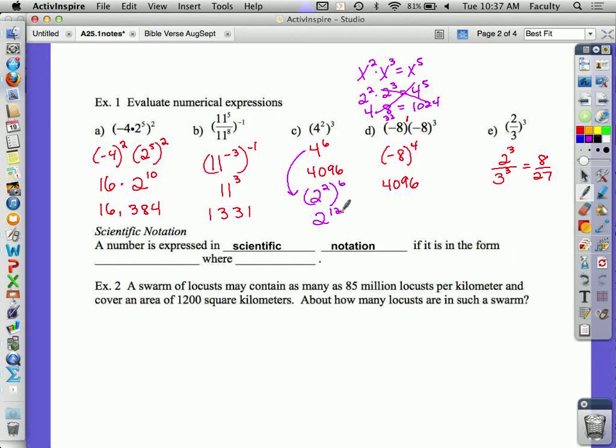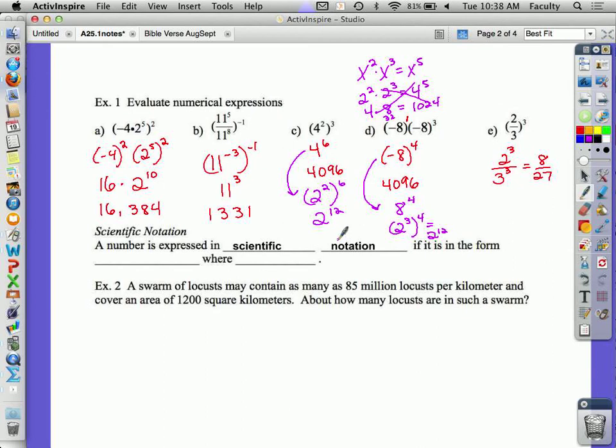Okay, now let's think about negative 8 to the 4th. Well, if you take that negative to the 4th power, it's positive. So let's ignore the negative, okay? And so we'll just look at 8 to the 4th. What's another way to write 8? 2 cubed. Good job. Well, watch this. 2 cubed to the 4th. They are, in fact, equivalent. Isn't that cool? I mean, to see how you can rewrite it. And that'll pay off for us later if we can look for it.